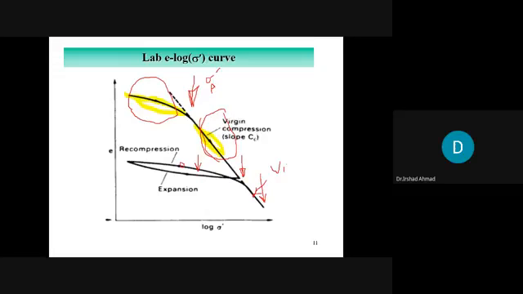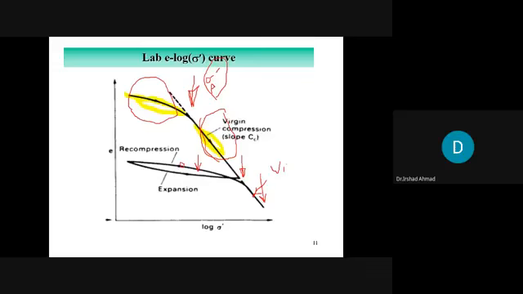Maybe 1,000 years ago or 100 years ago or even a few days ago, if there was a fill material or some glacier deposit or some building on the ground and it is no longer there, it remembers that maximum pressure in the past. And when you bring it to the lab and start increasing the stress, it will be recompression. But by the time it reaches that maximum pressure in the past, it will become linear. So this maximum pressure in the past is called the pre-consolidation pressure, right?